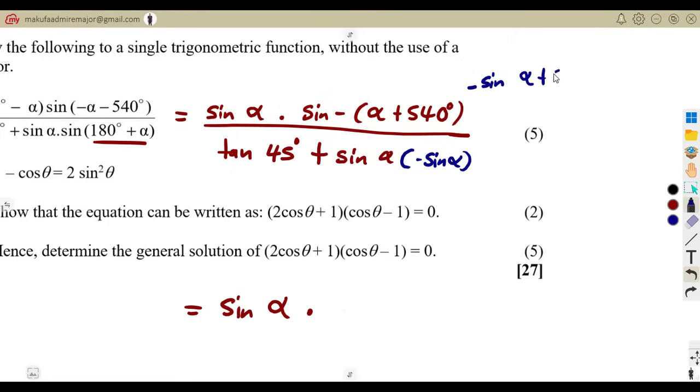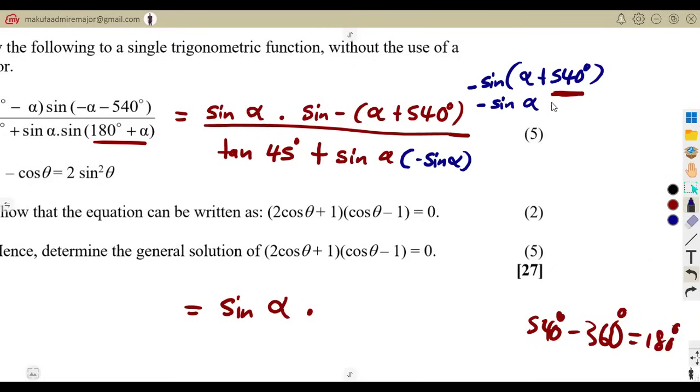Of alpha plus 540 degrees. 540 degrees is an angle which is bigger than 360 degrees. So we have to reduce it. Subtract 360 degrees. 540 minus 360 degrees gives us 180 degrees. As you can see, 180 is within the interval. So it is going to be minus sine of alpha plus 180 degrees.